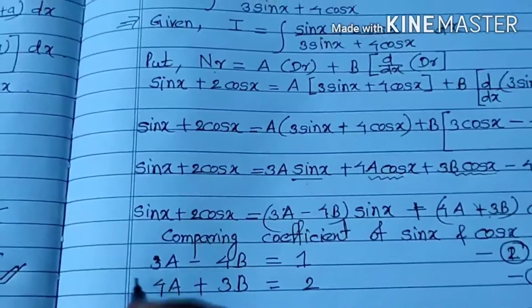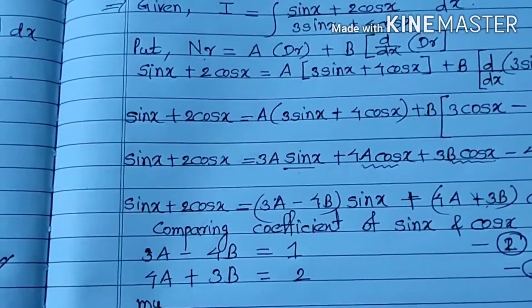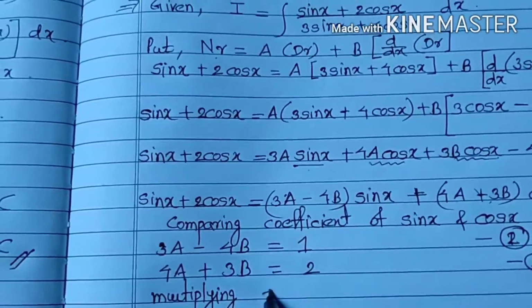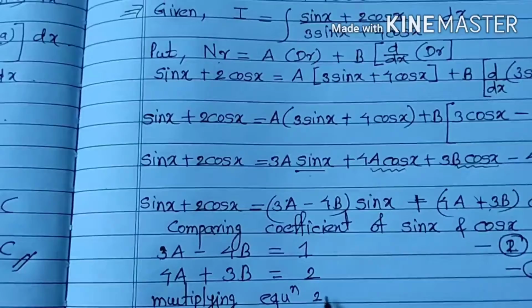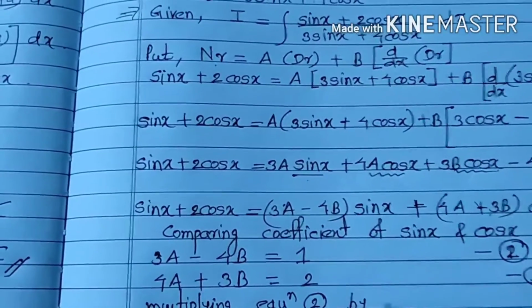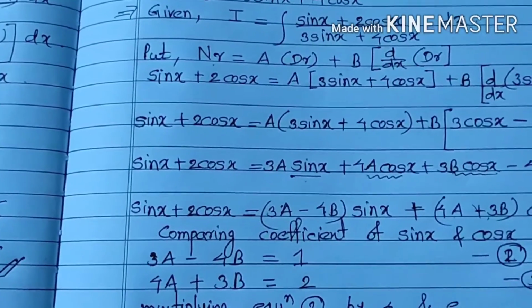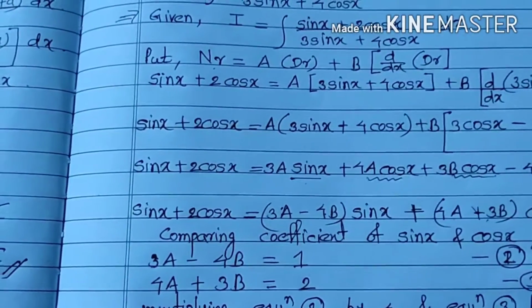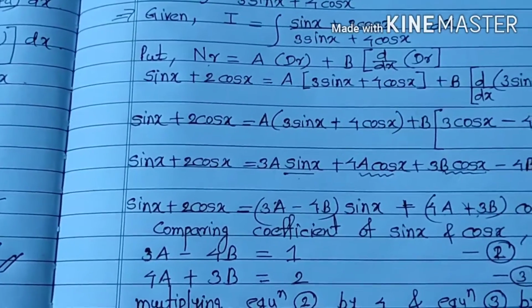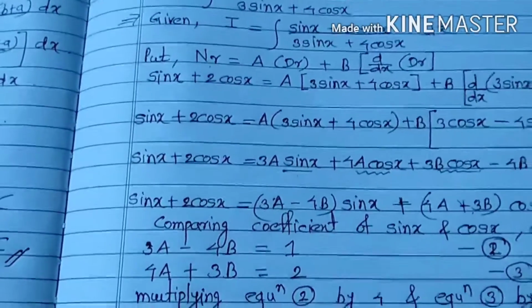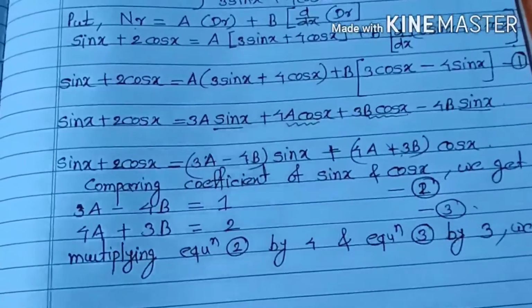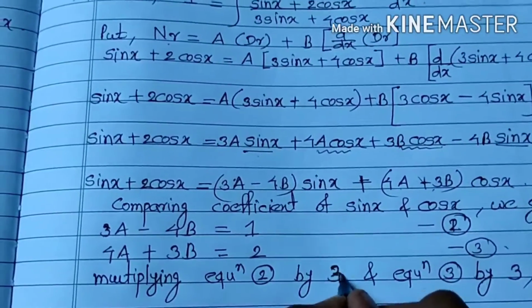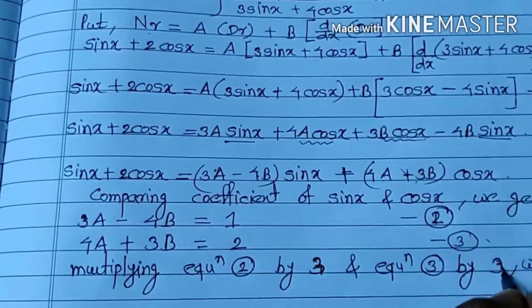So multiplying equation 2 by 3 and equation 3 by 4, we get, sorry, here is some mistake, equation 2 by 3 and equation 3 by 4.